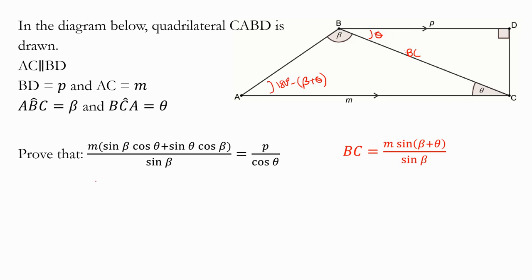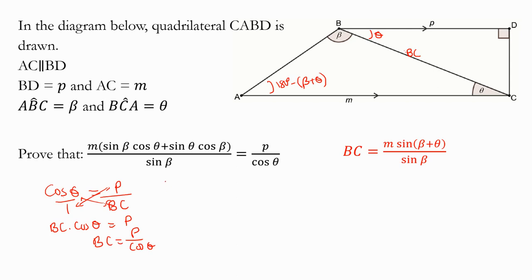So cos theta is equal to adjacent over hypotenuse, which is P over BC. Cross multiplying, BC times cos theta is equal to P. We make BC the subject, so BC is equal to P over cos theta.